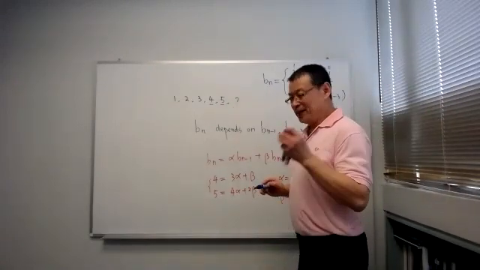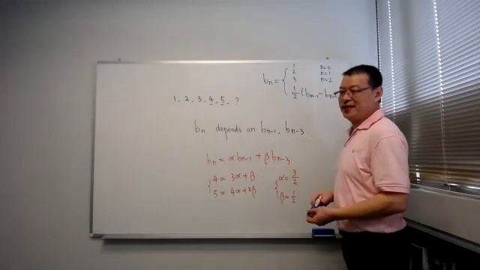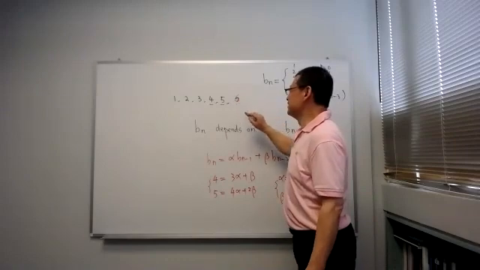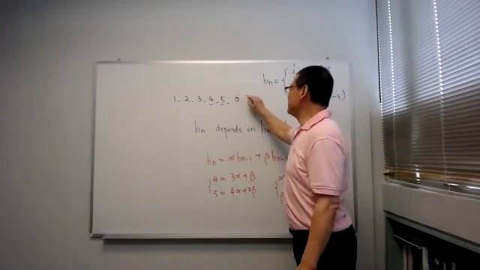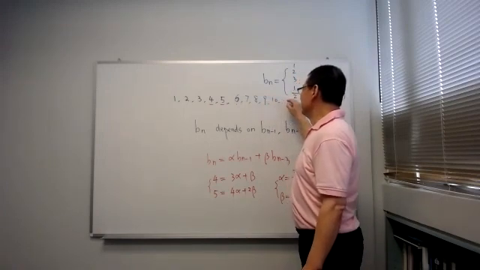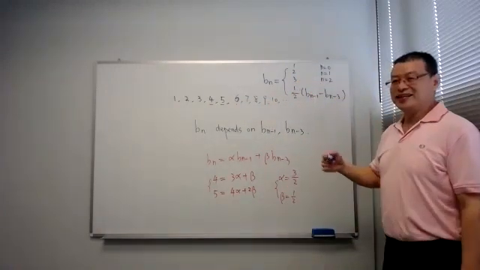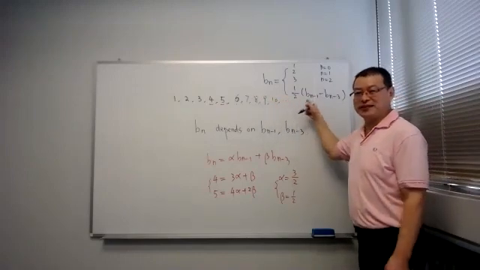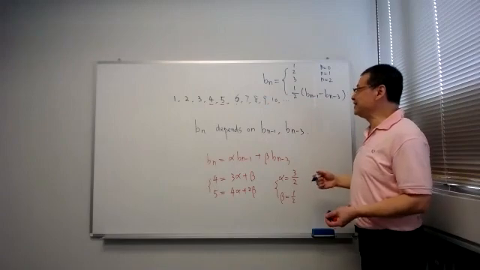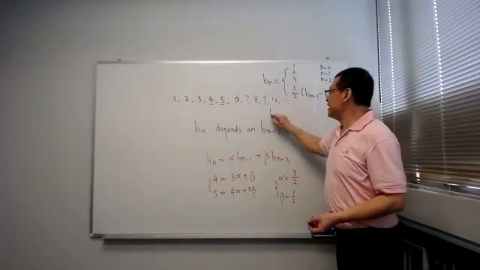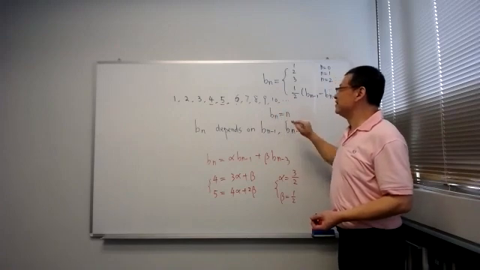The interesting thing is that if you compute the next number, it will be 6. Then the next number will be 7, 8, 9, 10. So it's kind of surprising. The sequence looked like a sequence of natural numbers. Now you may wonder, is this really the same as Bn equals n?